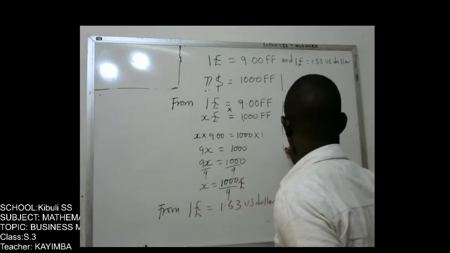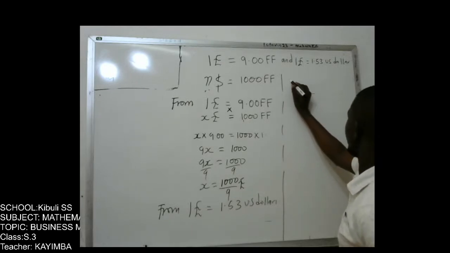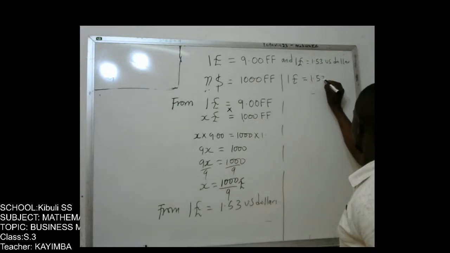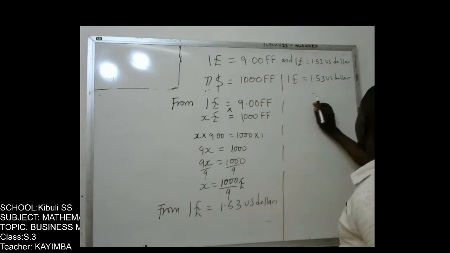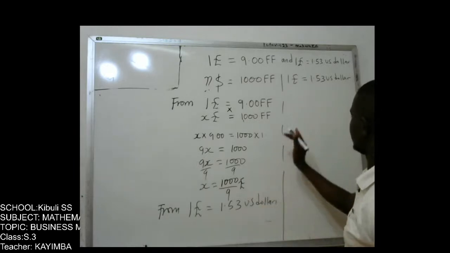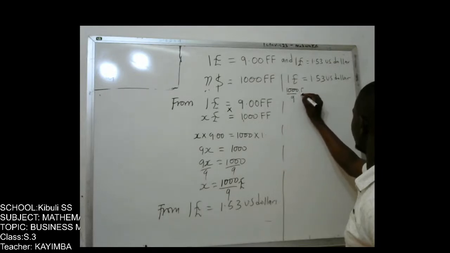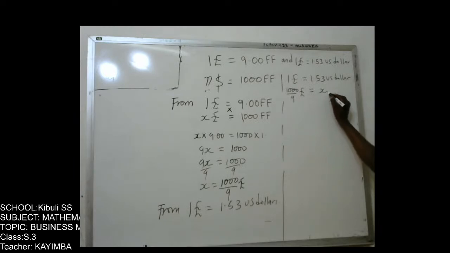So if 1 pound sterling is equivalent to 1.53 US dollar, then this is 1000 out of 9. It is also equivalent to X US dollars. We are looking for X in this case.